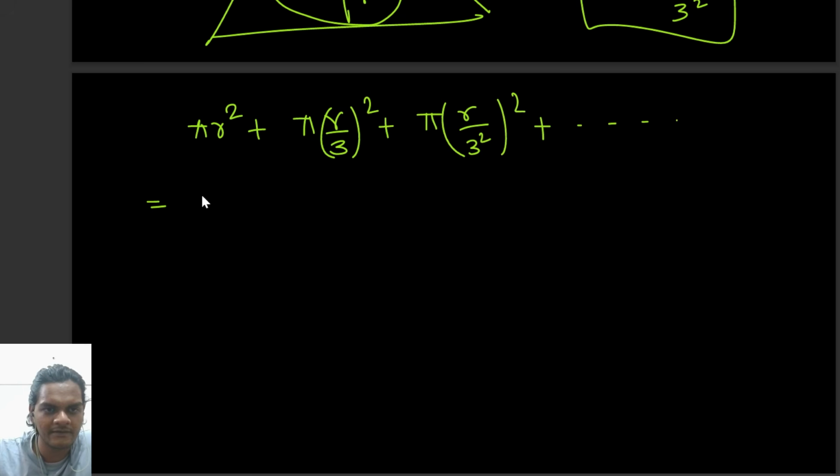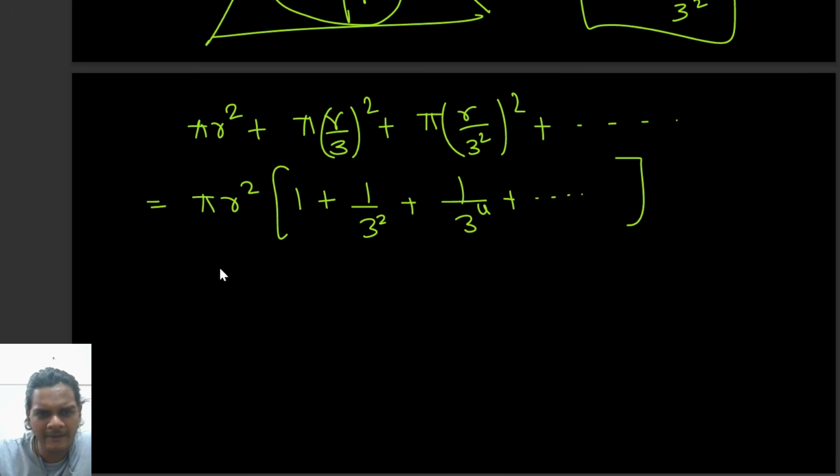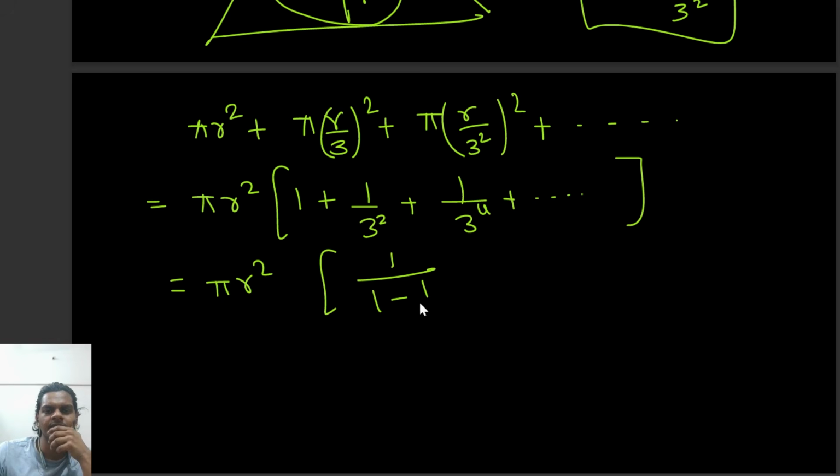If I take pi R square common, I'll have 1 plus 1 by 3 square plus 1 by 3 power 4 and so on. That will be pi R square into 1 by 1 minus 1 by 3 square. This is the formula a by 1 minus r for an infinite GP. This is basically an infinite geometric series.